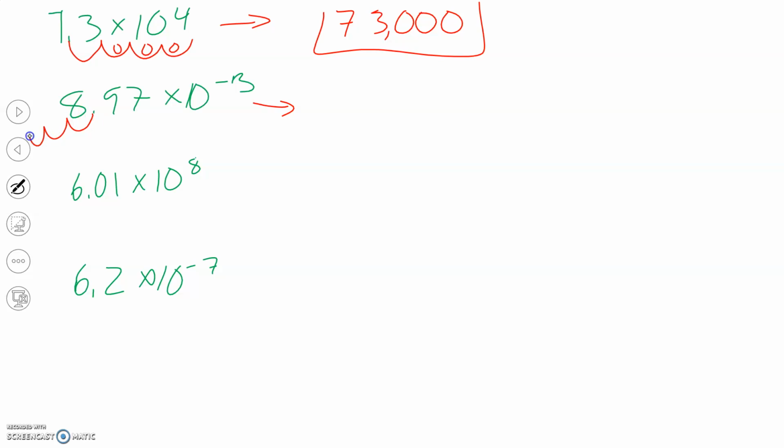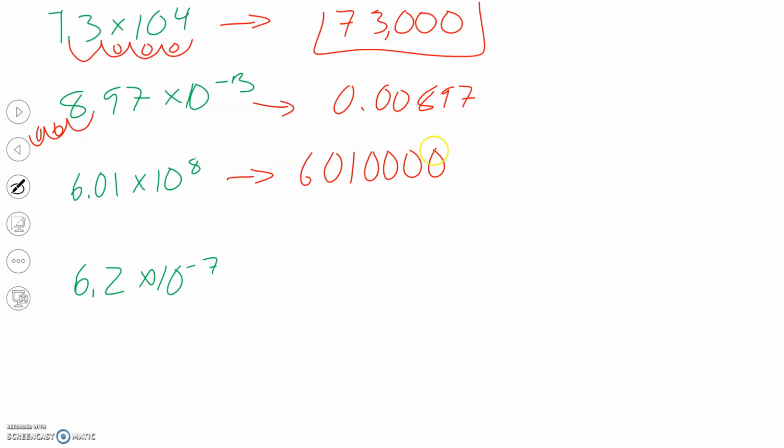So 1, 2, 3. So we end up with 2 zeros behind our decimal place, but remember you need 1 placeholder out in front. Next one, we're going to end up moving it 8 times. So there's 1, 2, 3, 4, 5, 6, 7, 8.